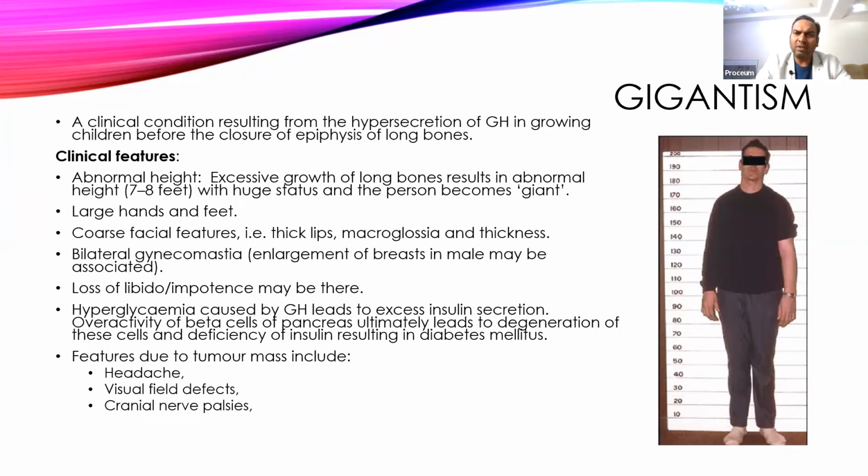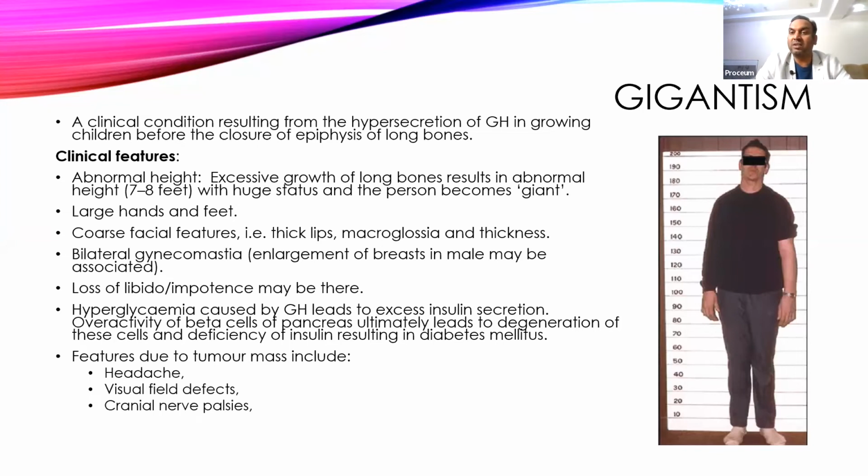Apart from this, features of the tumor mass can also be seen, and it can cause increased intracranial pressure, and that can cause headache, or it can compress the optic chiasma and cause various visual field defects. Many times, because of increased intracranial tension, it can also cause paralysis of various cranial nerves, more specifically cranial nerve 6, that is the abducens.